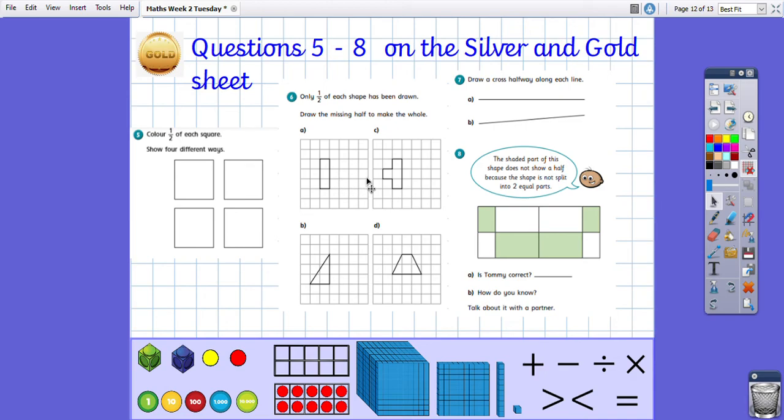So you need to draw the missing half, making sure it looks exactly the same. You need to draw a cross halfway along each of these lines. And for question 8, you need to see if Tommy's correct, but I also want you to explain it. So you can talk, it says talk to a partner, but you can talk to a brother or your sister or your mum or dad or whoever.